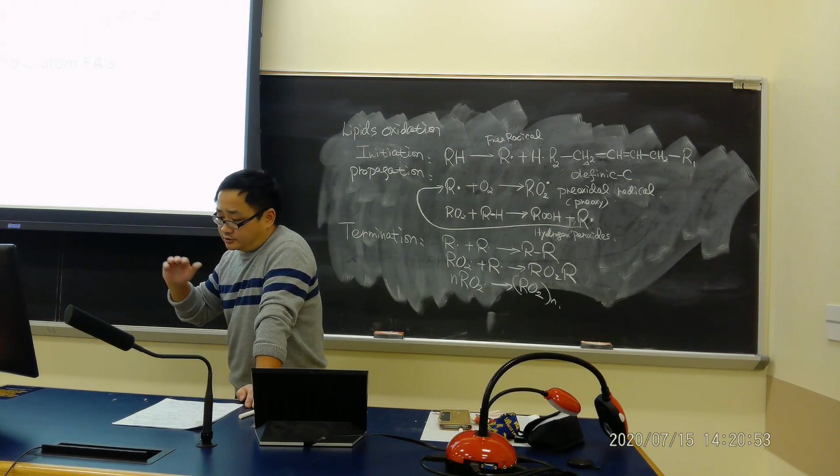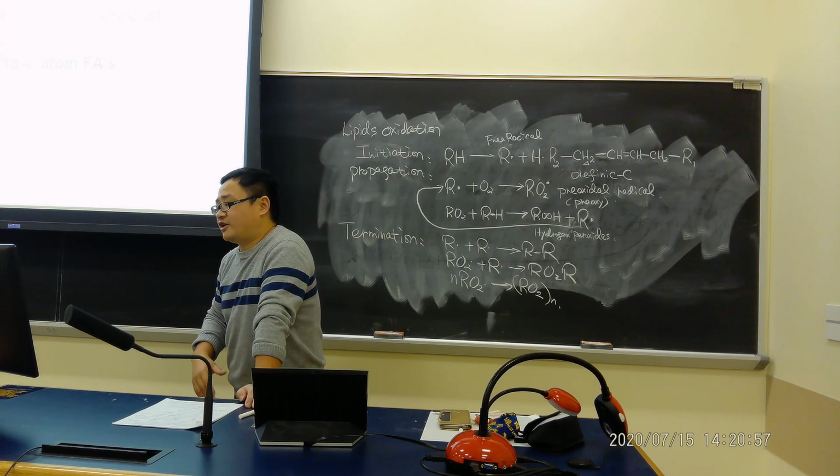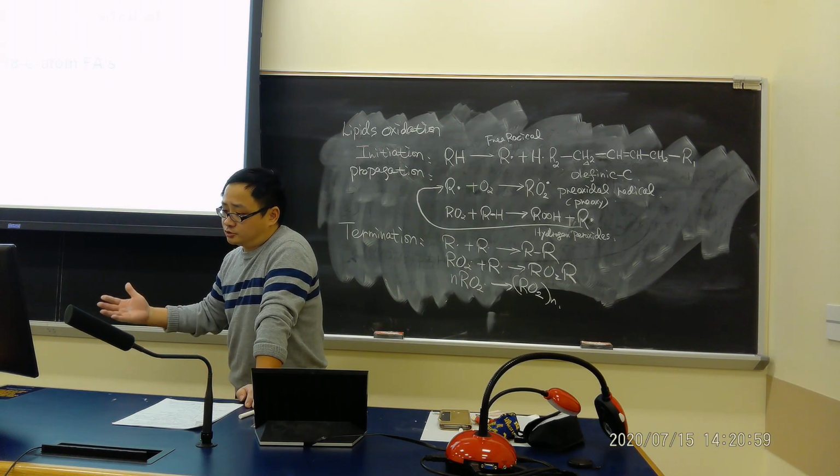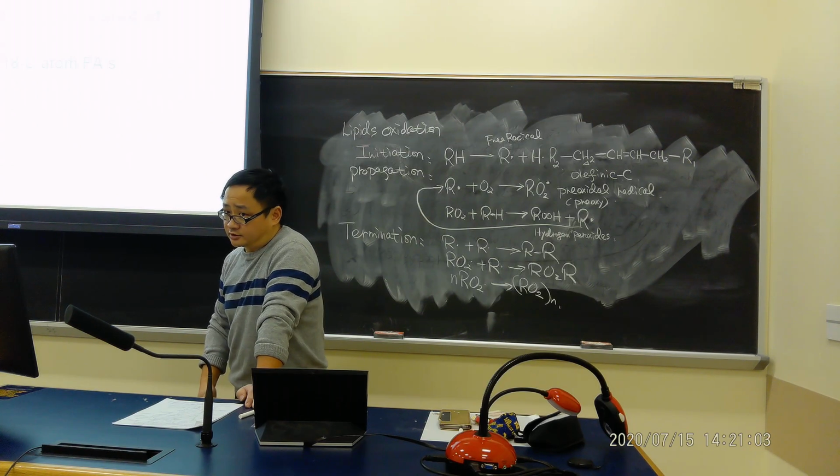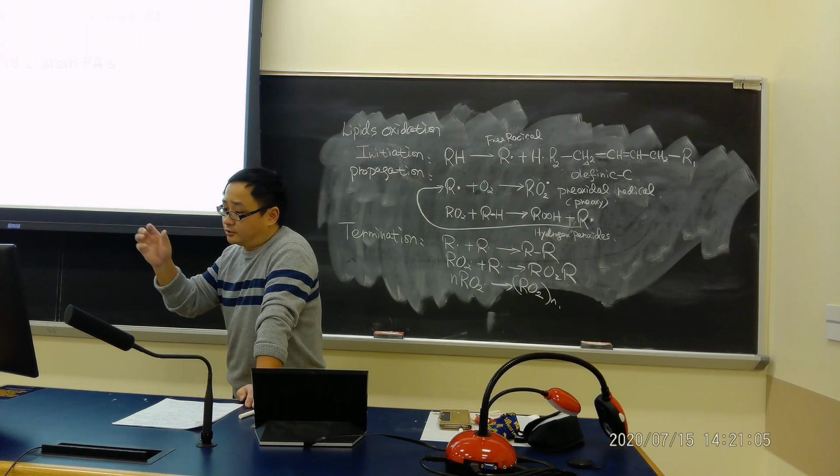So 3 double bonds in an 18 carbon fatty acid means 2,500 times more chance of auto-oxidation compared to stearic acid, which has no double bonds.